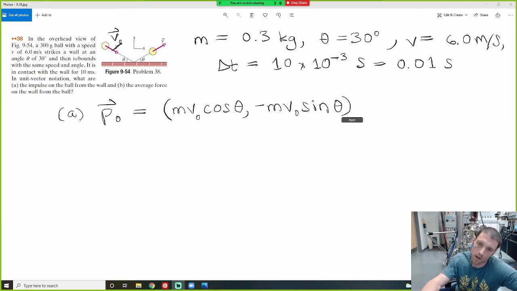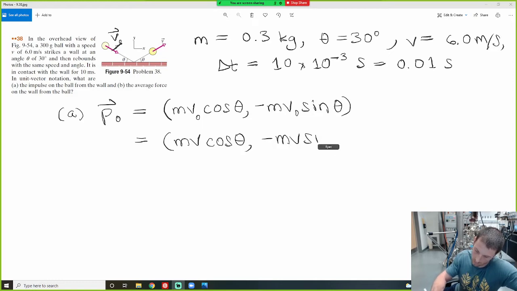And then note that, right, because the magnitude of v naught is the same as the magnitude of v, we can just write this. Right, that this is mv cosine theta, and this is negative mv sine theta. Okay, cool. Now we just need to do the same thing for the final momentum, right?